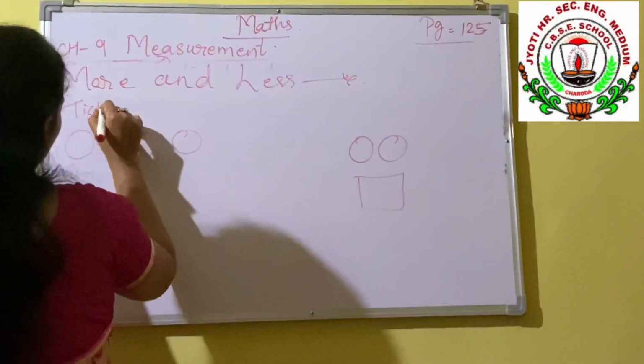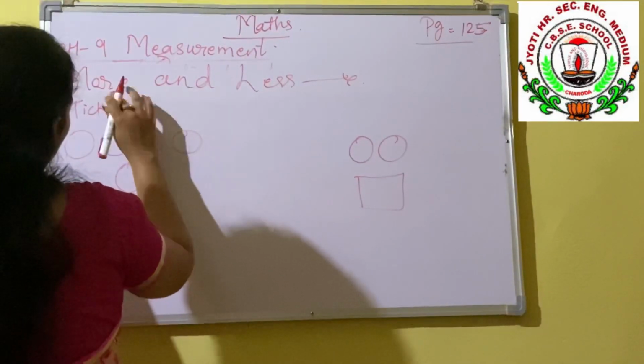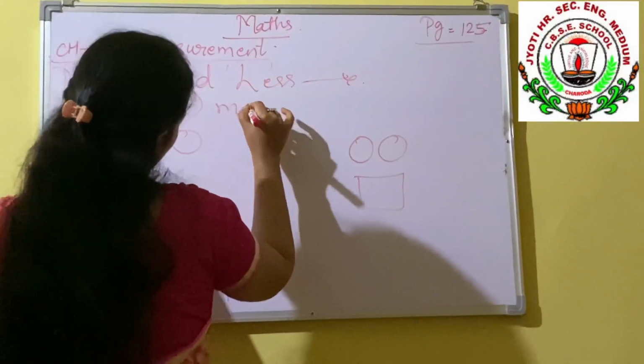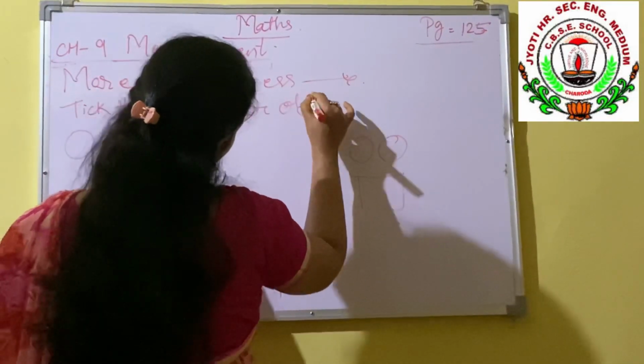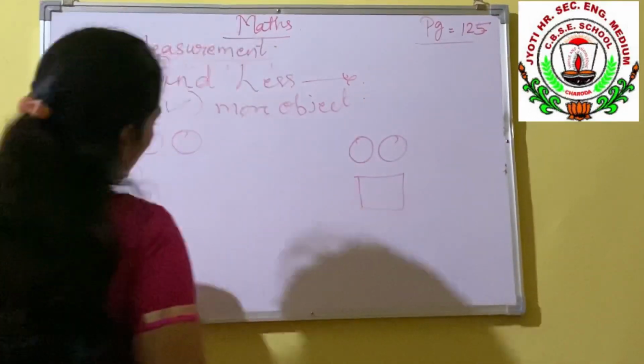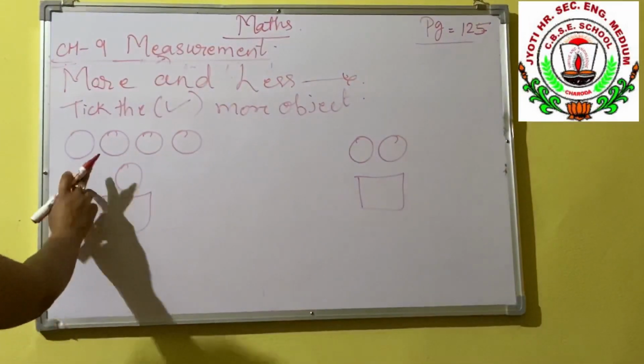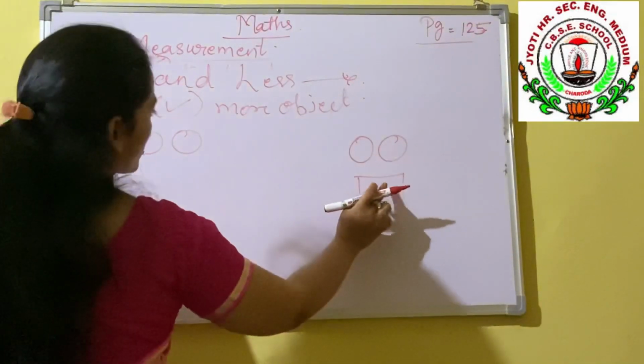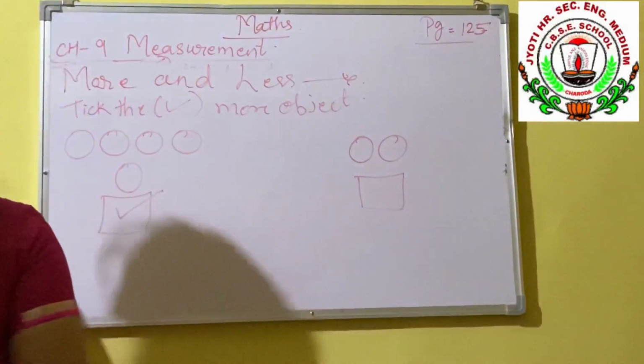Tick the more object. Here which one is more? Here 5 balls are drawn and here 2. Sorry, so this one is less, so we will take in this one.